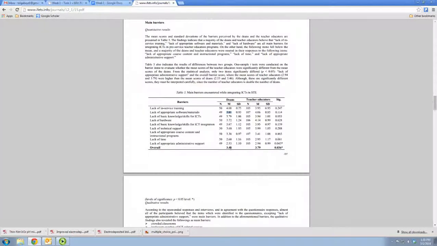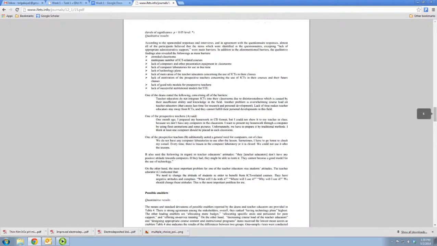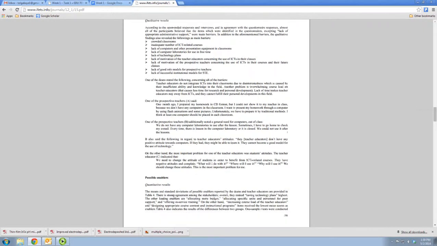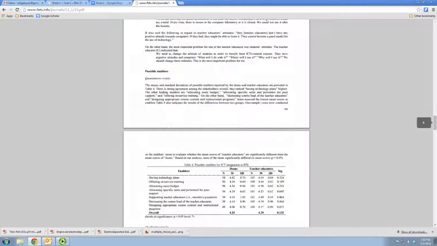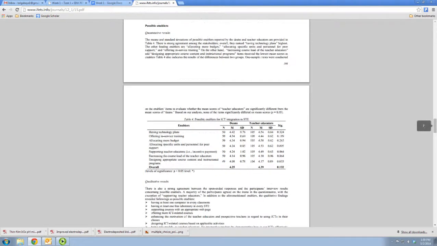Main barriers encountered while integrating. Okay, lack of time, technological support. Positive enablers, offering in-service training, allocating more budget. Yeah, course load, of course, course release, that would be great. Designing appropriate course content and instructional programs.